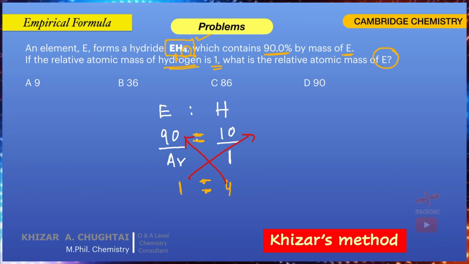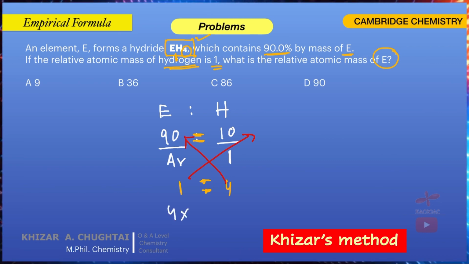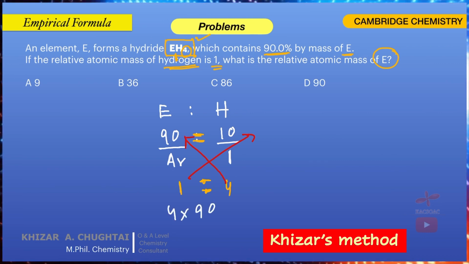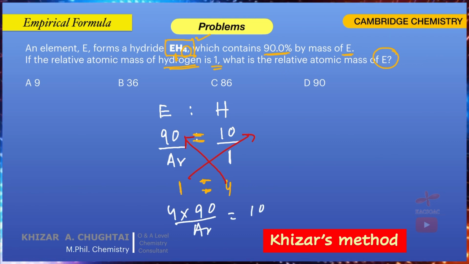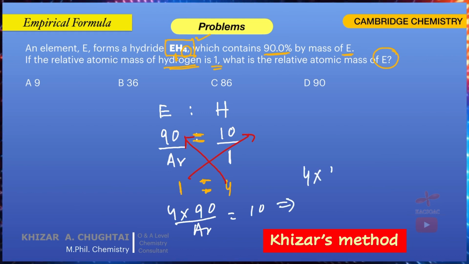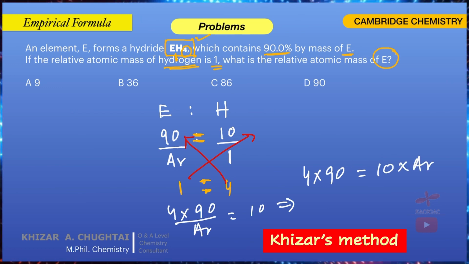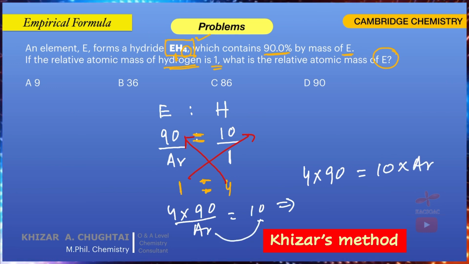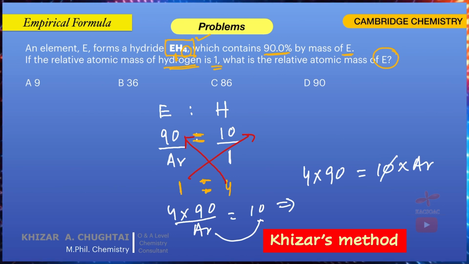After the cross multiplication, 4 into 90 is equal to 10 into AR, when we switch this AR towards the right-hand side.